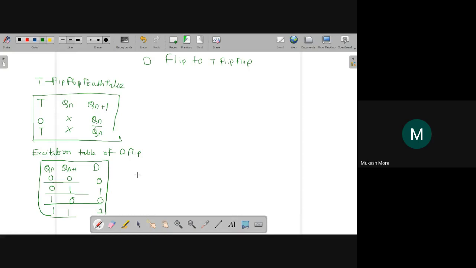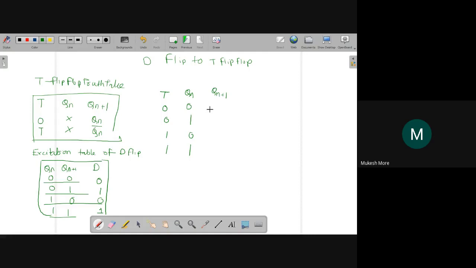Next part, that is we have to elaborate T flip-flop, Qn present. It means it has two values 0 1 and T equal to 1. Present state is 0 1 and the output, that is the next state, Qn plus 1.